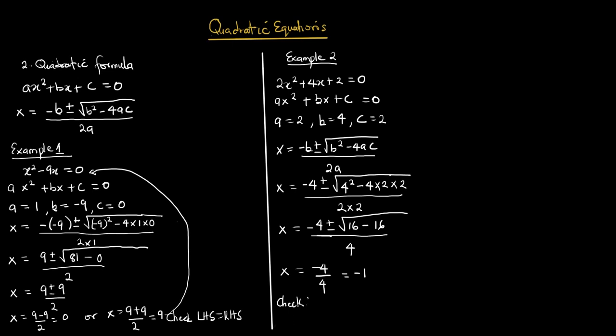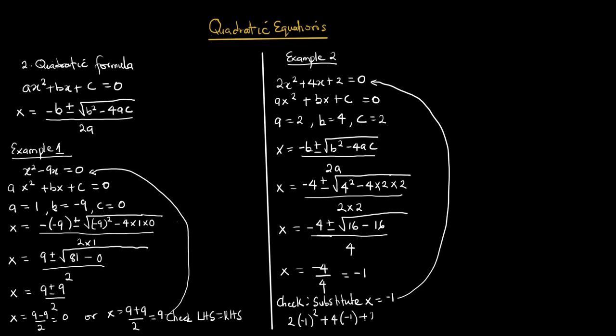Now, if we know this, you can quickly do your check. It's up to you, but I always advise that you do your check just to be sure. So how do we do the check? We substitute x equal to minus 1 into the original equation and see if the left hand side is equal to the right hand side. If we do that, we're going to have 2 times minus 1 all squared, plus 4 times minus 1, plus 2.